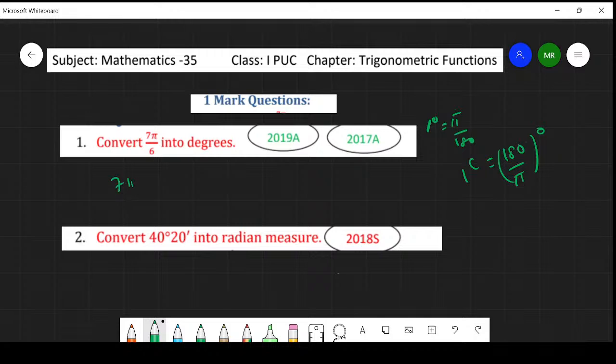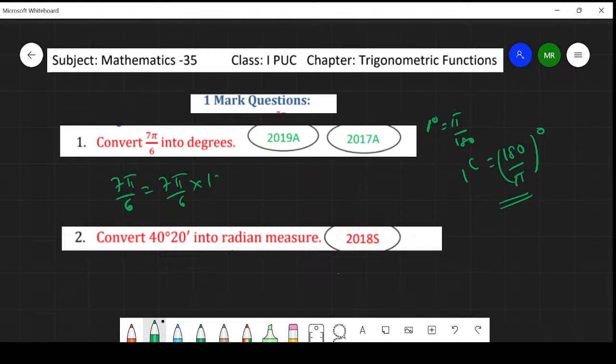They have given 7 pi by 6 in radians, which means we should convert it into degrees. They have given radians and want degrees, so 1 radian equal to 180 by pi.